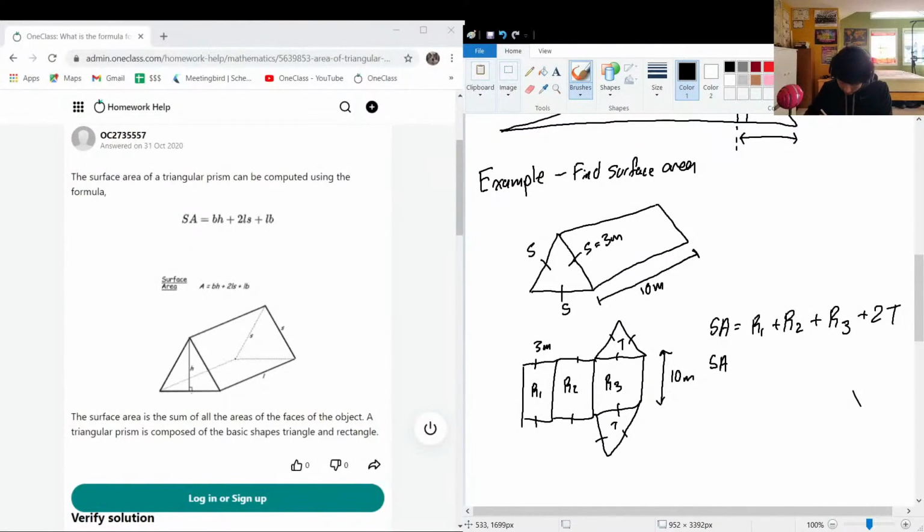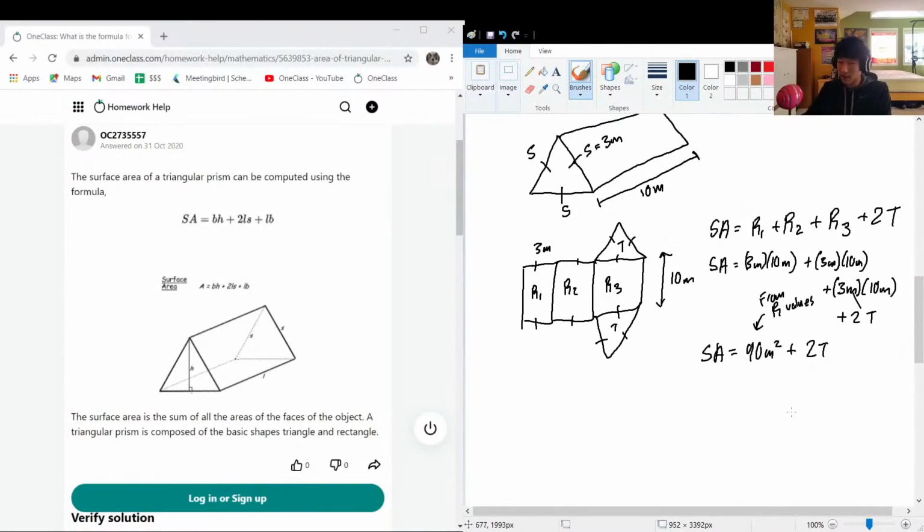So the surface area is equal to 3 meters times 10 meters plus 3 meters times 10 meters plus 3 meters times 10 meters plus 2T. So the surface area from the rectangles is 3 times 3 meters times 10 meters, that's 90 square meters, plus 2T.